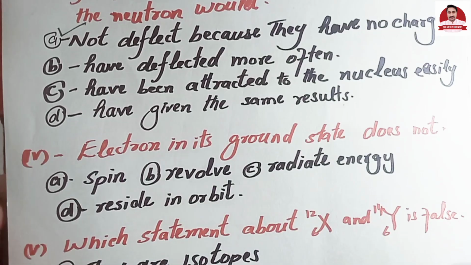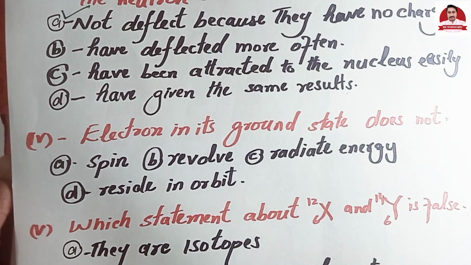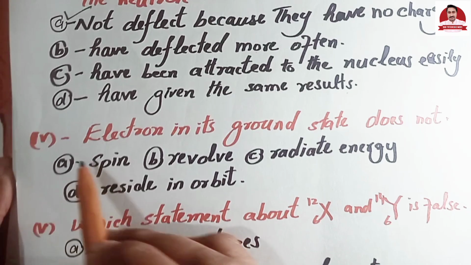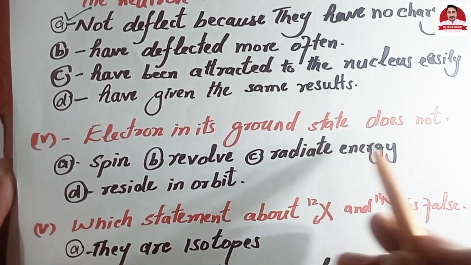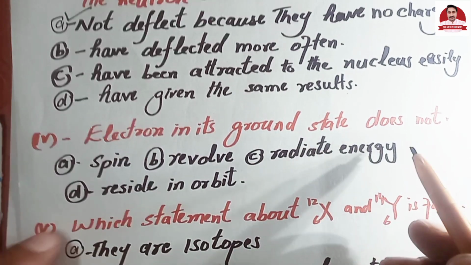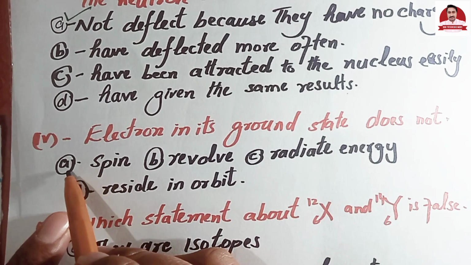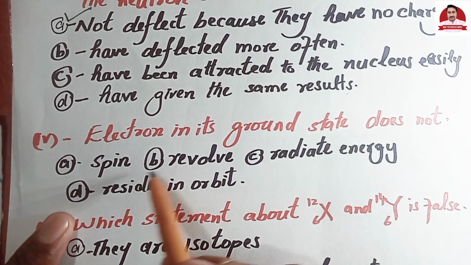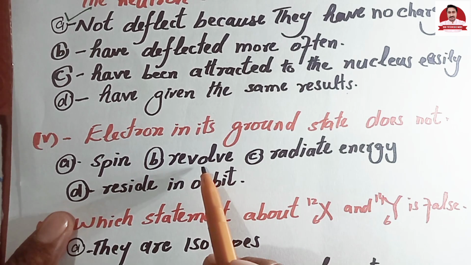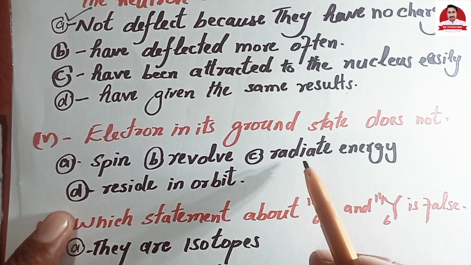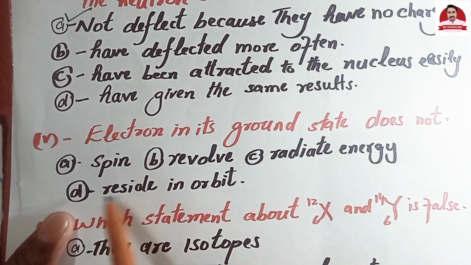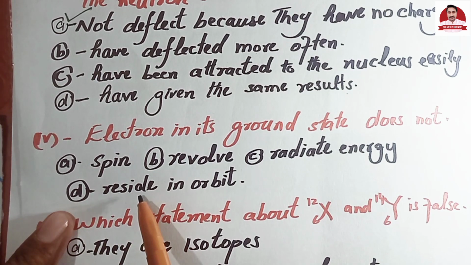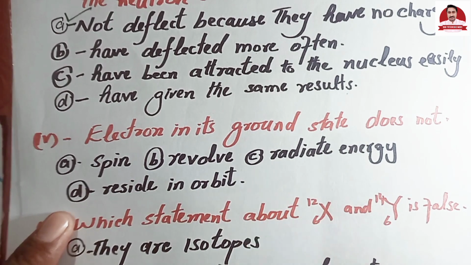Next, an electron in its ground state does not: option A, spin; option B, revolve; option C, radiate energy; option D, reside in orbit.